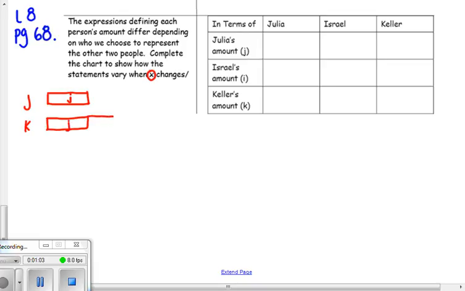So we add Julia plus $42.50. Then for Israel, he earned $15 less than Keller. So we need to take $15 away from that. So Israel's bar will only come to about there.